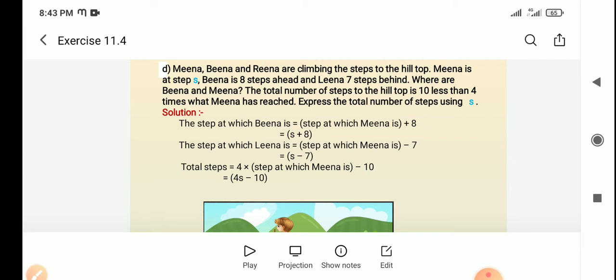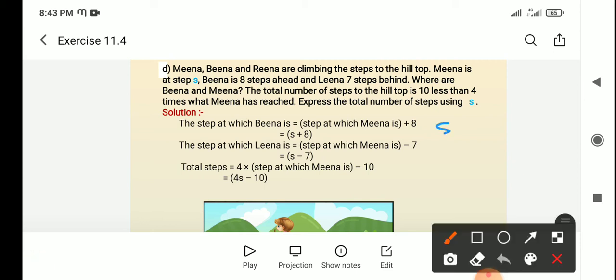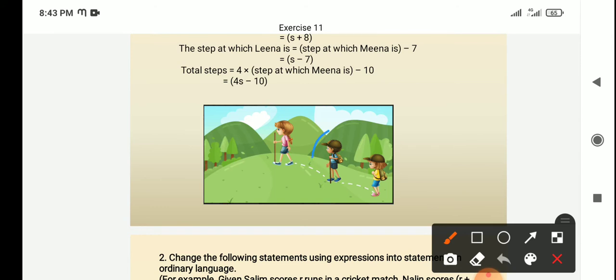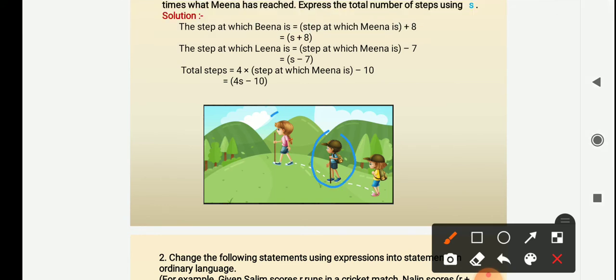So we have to add S plus 8. If you observe this figure, here the middle is Meena and 8 steps ahead is Beena. So Beena is at S plus 8 steps and Leena is 7 steps behind. So Leena is at S minus 7 steps.